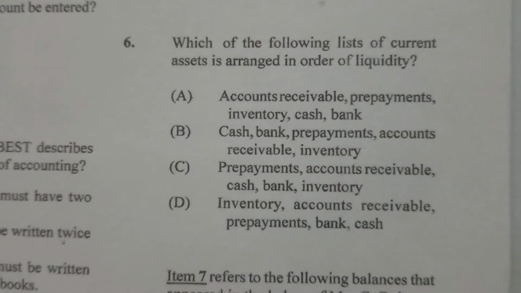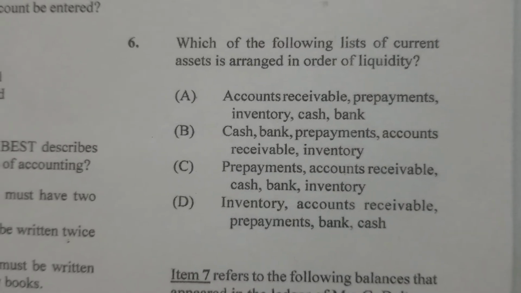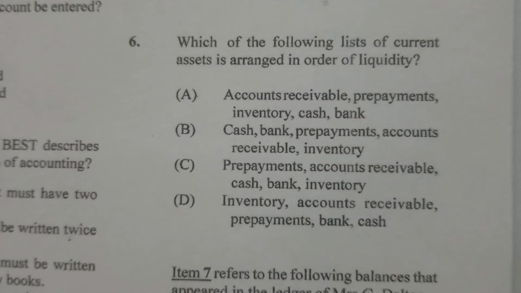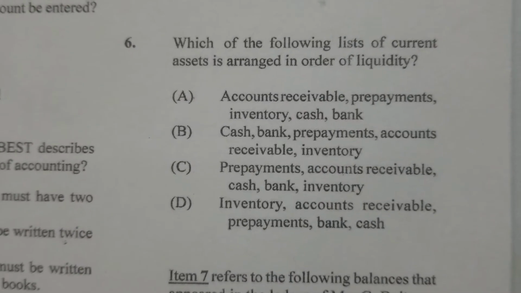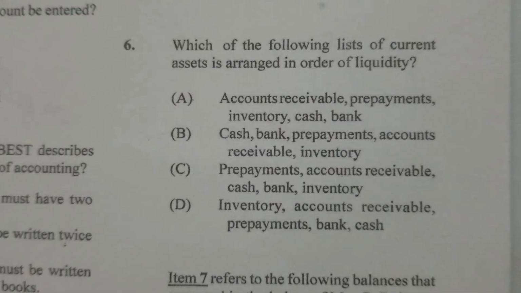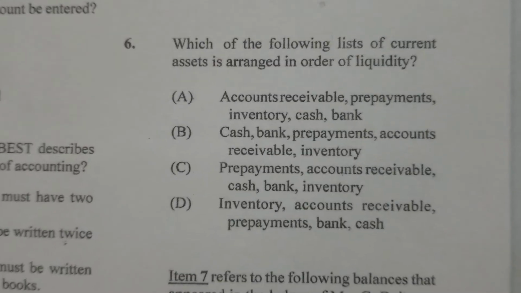Why? It starts from cash. Cash is the most liquid. And when we are arranging assets in order of liquidity, it means that we are recording the asset that is easiest to be used by the business.